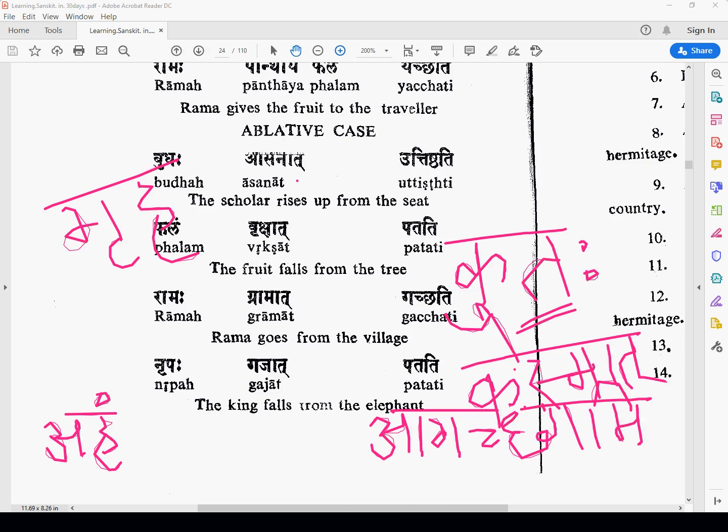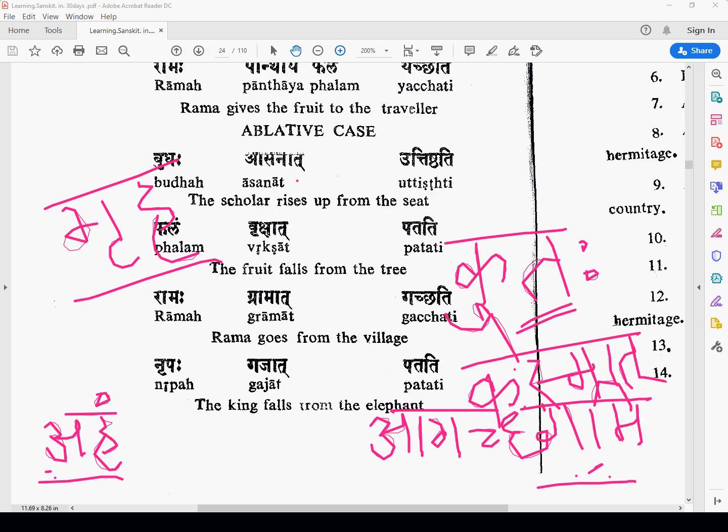Agachati can be used if it is somebody else, but now it is aham, so I have to use agachami. Aham agachami. If it is somebody else like balakaha, then we can use balakaha agachati. Now, from where? From house, from home.